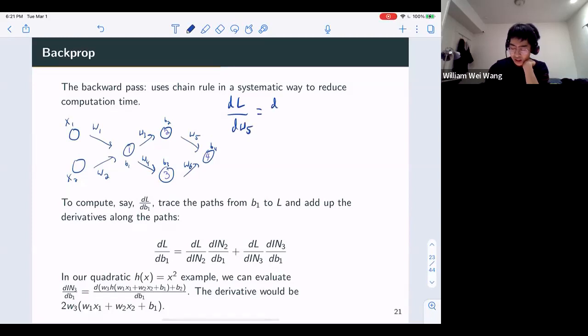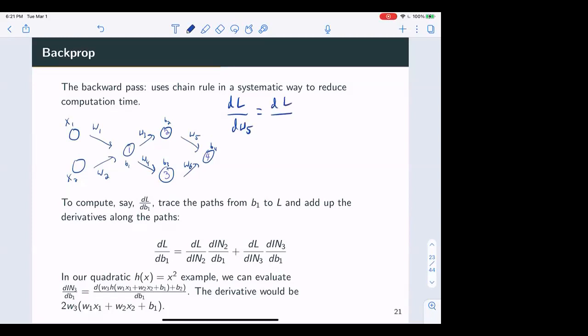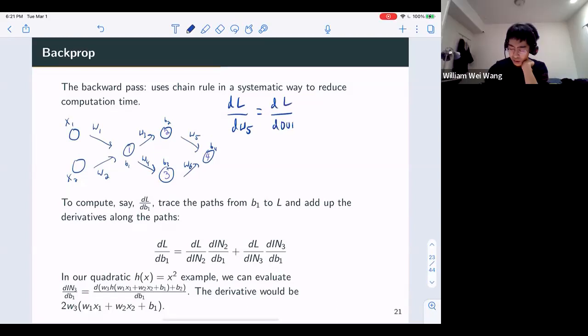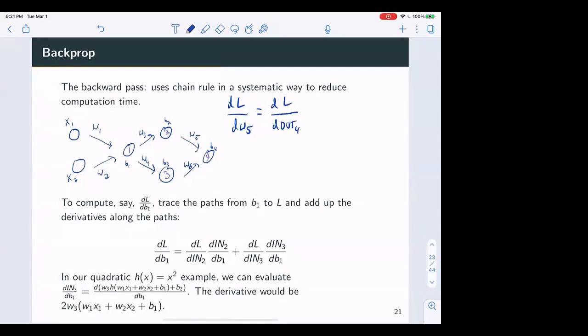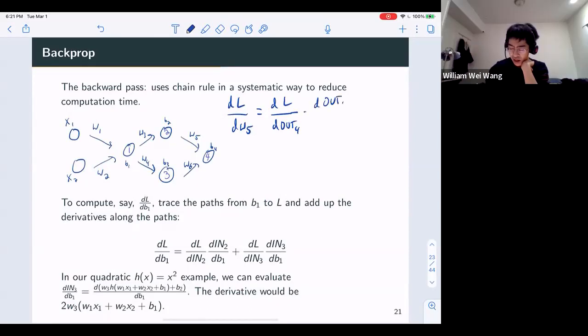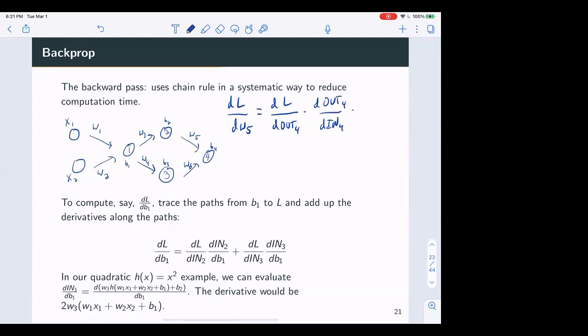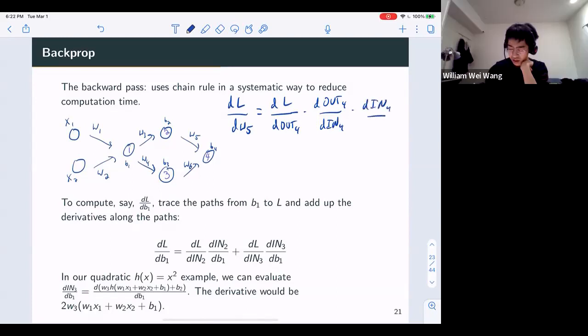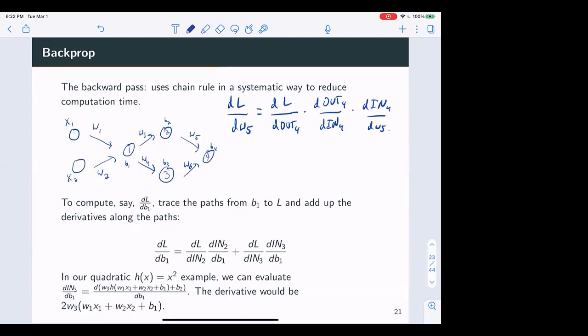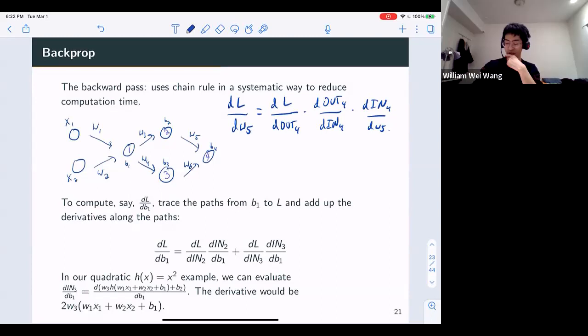One way we can do it is to compute the derivative of the loss with respect to the output at neuron 4, times the derivative of output 4 with respect to the input of neuron 4, times the derivative of the input 4 with respect to W5. This is an application of the chain rule, which hopefully you remember, or if you go back to your notes on the class, you should be able to pick it up quickly again.